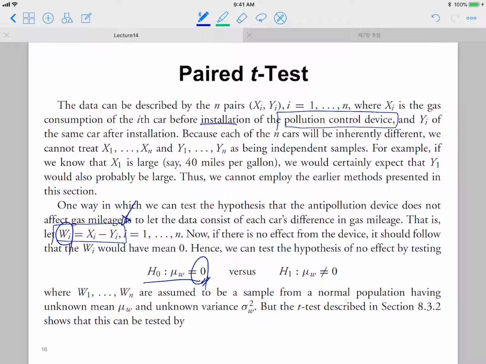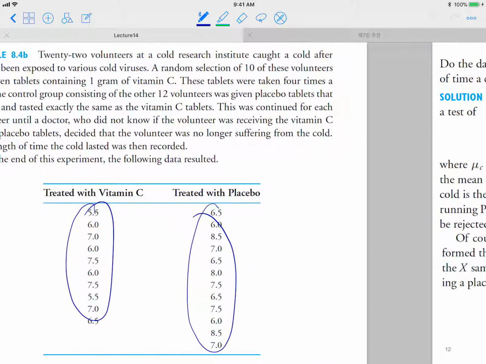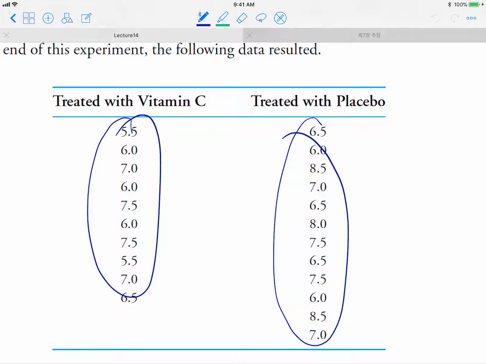But let me ask this question. In this paired setting, is it possible that the sample sizes of the two samples are different? In general, in the earlier examples, we could collect 10 people's height from Korea and 25 people from the US.